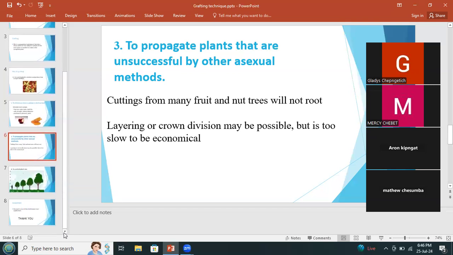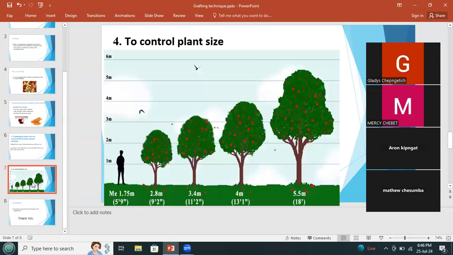Another point, and the last one, is to control plant size. We may find that some trees are very, very tall. It may be a big problem to climb a tree to pick your fruits because it's very tall. So you may decide to control your size by grafting the tall tree with one which has no tall stem.